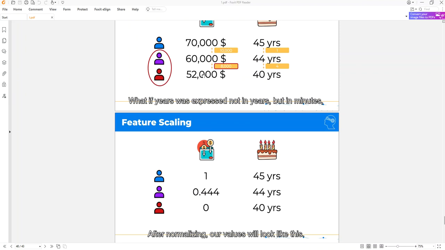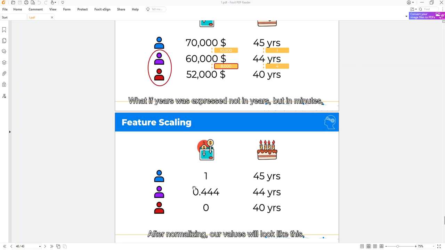So same thing, you will have 1 for that. For the second, it becomes 0.44, and the third one becomes 0. So take out your calculator, put in that formula, and you will have these values for this feature.